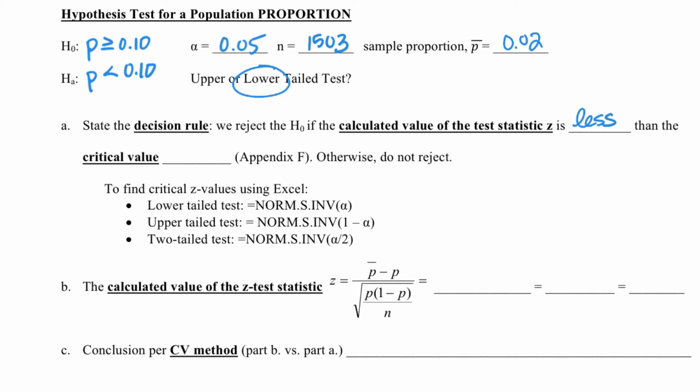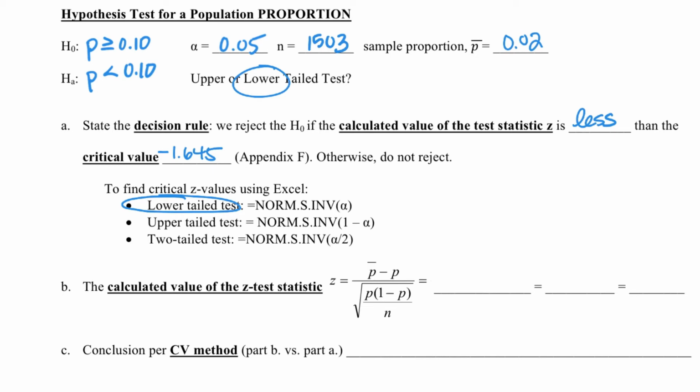And so you can use the appendix F to find the Z critical value, or we can use Excel. In this case, since it's a lower tail test, if I use Excel, I would plug in norm.s.inv and my alpha value of 0.05. So my critical value will be negative 1.645. Remember, it's negative because we're on the left side. It's a lower tail test.